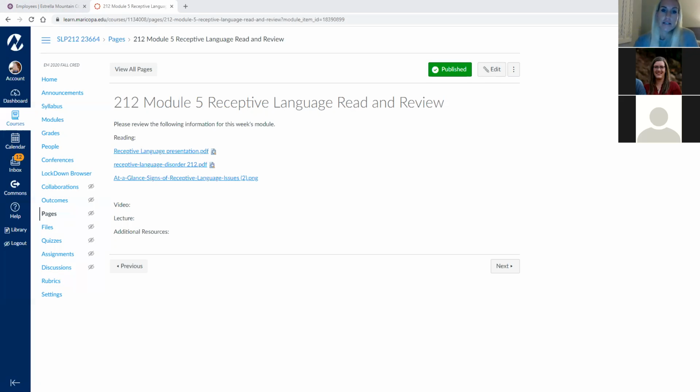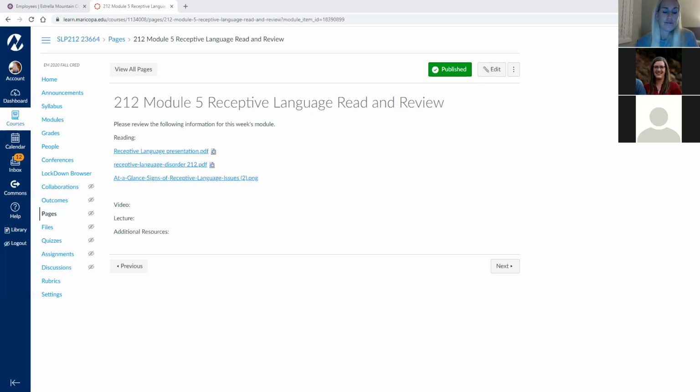So hopefully you guys can see this, because this is a nice little visual to help you think about what we are seeing in receptive language issues. I was able to pull it up before the conference started, but I'm not seeing it now. But I know that the link works. It did? Okay. If anybody continues to have problems, because I reposted some last week and the week before that people were having difficulties.